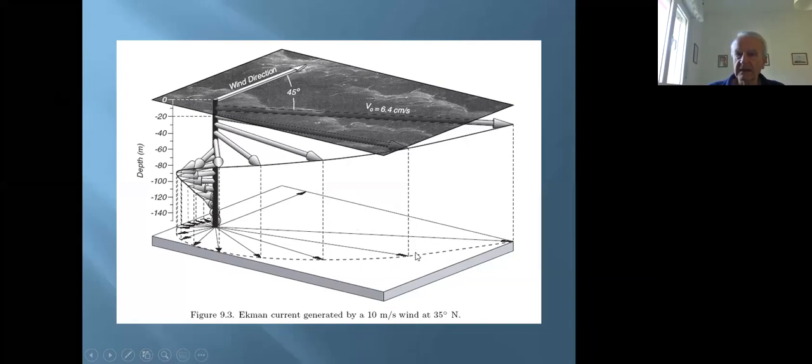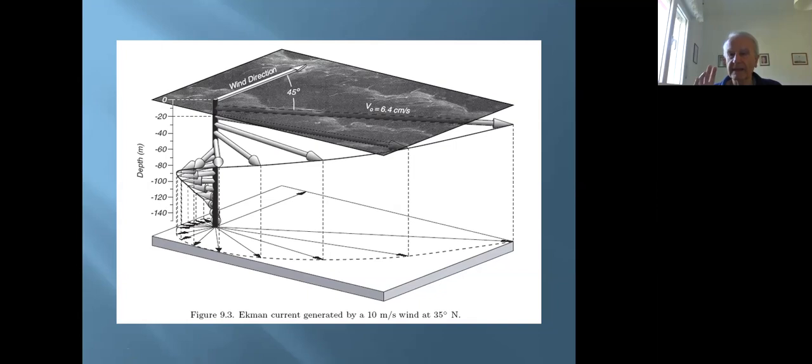You can see that it reduces exponentially in magnitude, but at the same time it turns clockwise with depth. And so at a certain depth, the current which is generated by the wind becomes exactly the opposite direction with respect to the surface current, with respect to the wind field.